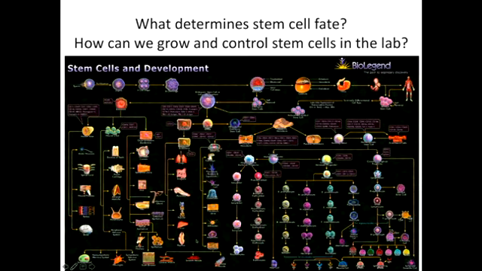Don't expect you to remember this. What determines cell fate? How do we grow and control stem cells in the lab? Well, we can get information from a range of sources. We can get information on phenotype from using flow cytometry, which is where we use cell surface molecules to be able to identify particular cell types. We can separate cells based on their expression of cell surface molecules.